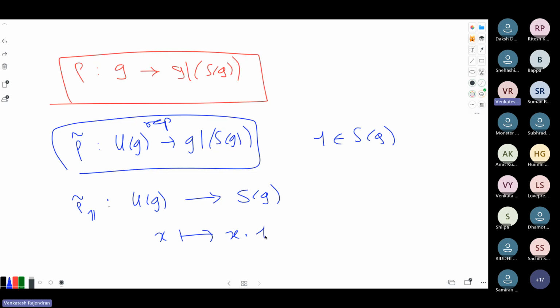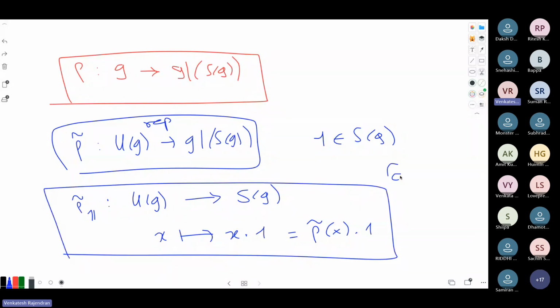You take the vacuum vector to be 1, then you take X and apply X on 1. So this is nothing but rho tilde of X applied on 1. And this is the map that Carter defines. Okay, this is the map Humphreys defines. So we will directly define this instead of Humphreys.